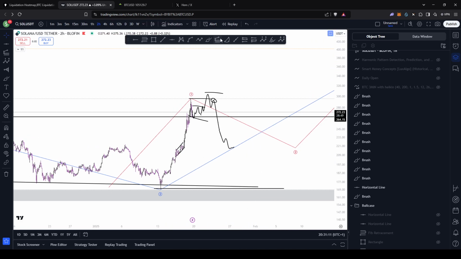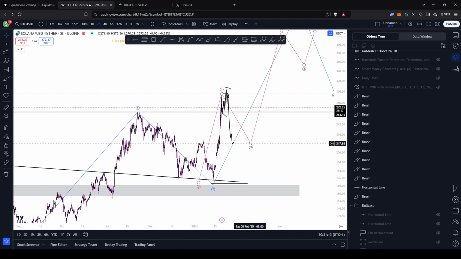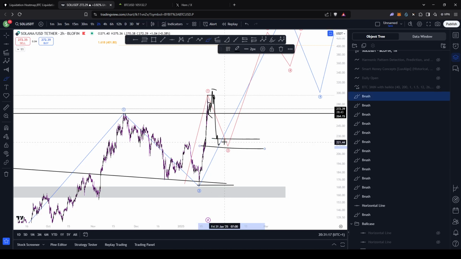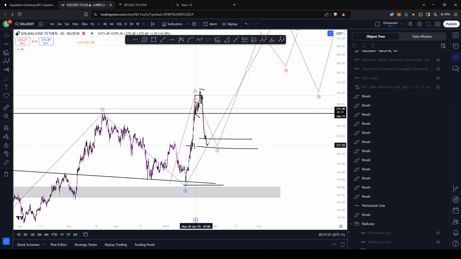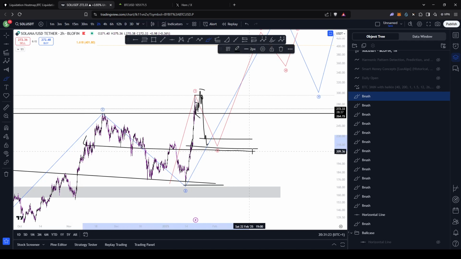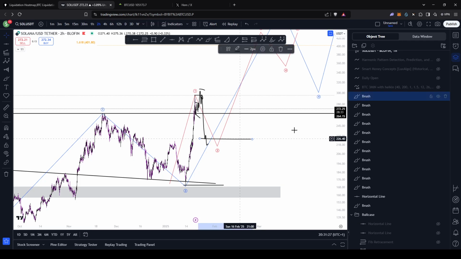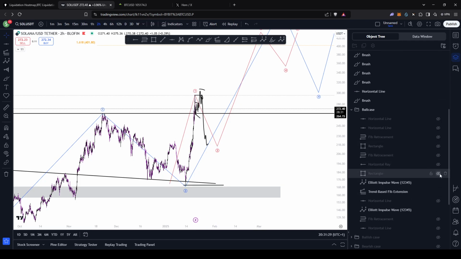But even if you do get this pullback, you're still looking for that higher low for some type of bottom, maybe a double bottom or something like that, into these previous highs, previous lows. I've marked those out as well.